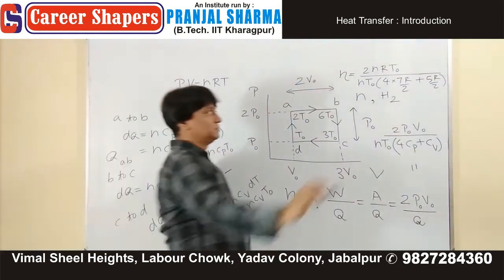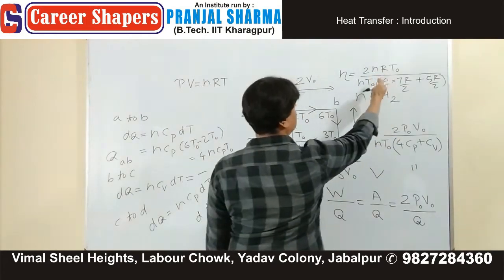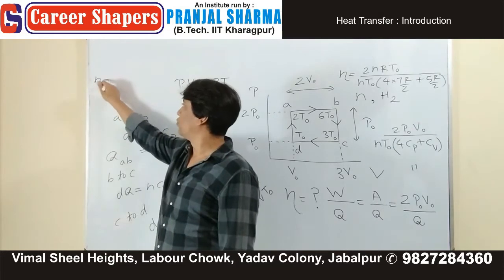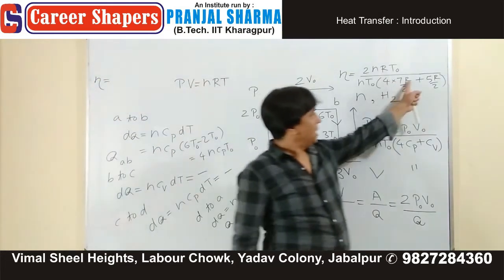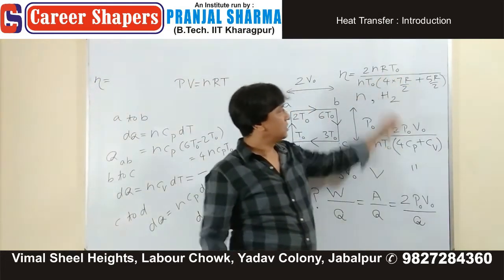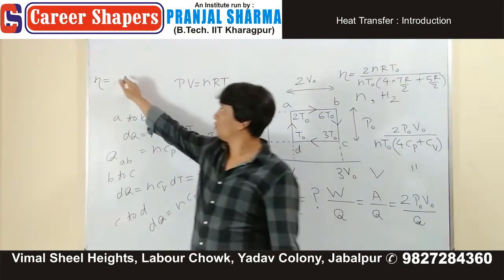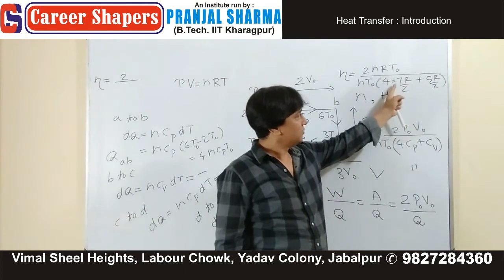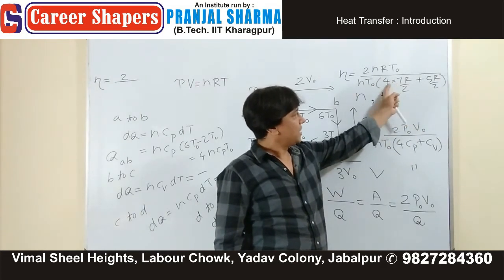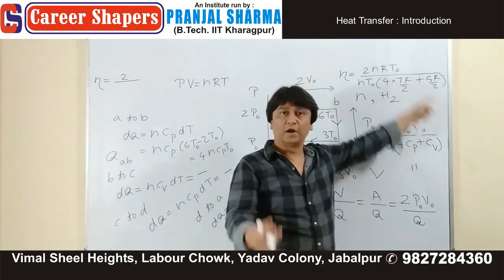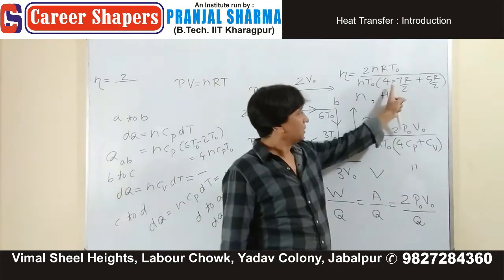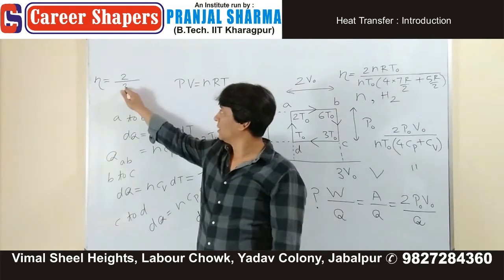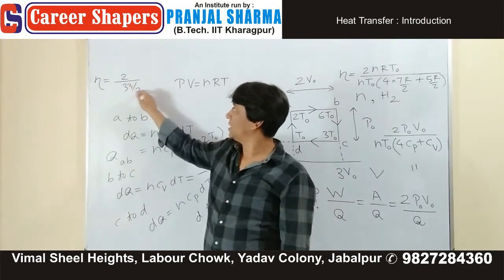That means this thing is coming what? R, n, T naught gone. You're left with 2 divided by, this is 4 times 7 is 28, plus 5, 33, divided by 2.